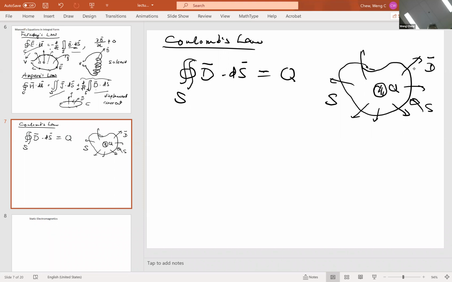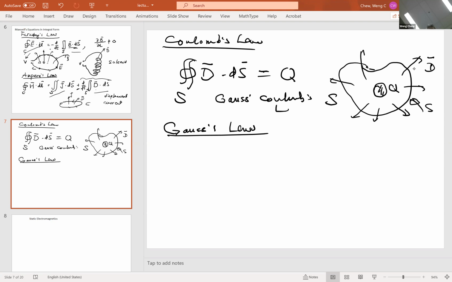And then the last law that we should have is Gauss's law. Gauss's law is very similar to Coulomb's law, and some people also call this Gauss-Coulomb. Gauss's law is very similar, except that you work with magnetic flux instead.